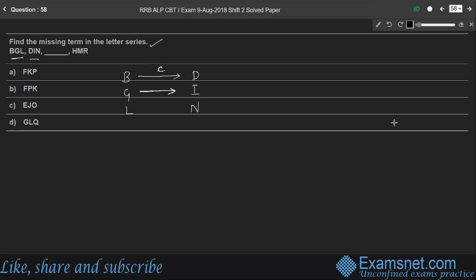After G, H, there is one letter between the corresponding second letters. After L, there is one letter which is M.